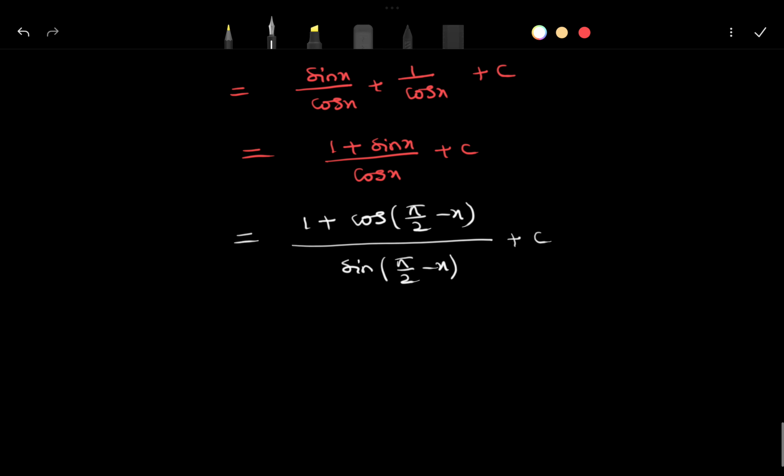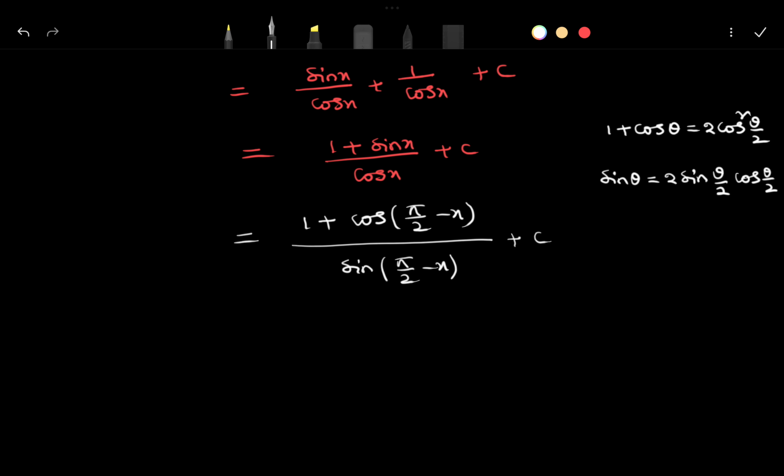After that, we know the fundamentals of trigonometry: the 1 plus cos theta formula is 2 into cos square theta by 2, and the sin theta formula is 2 into sin of theta by 2 into cos of theta by 2.